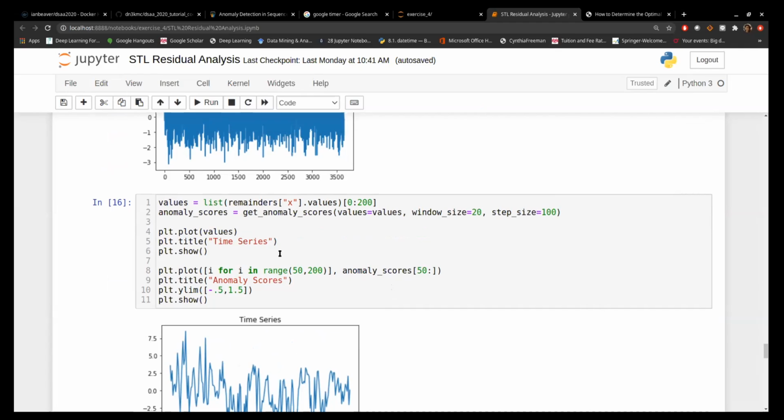Behind the scenes, I'm just using Python's SciPy survival function to calculate this probability. So basically, if the probability of something being greater than x is low, that means that x is pretty big, right, compared to the rest of my data. So we want the anomaly score to reflect that and be large. That's why the anomaly score is the complement.